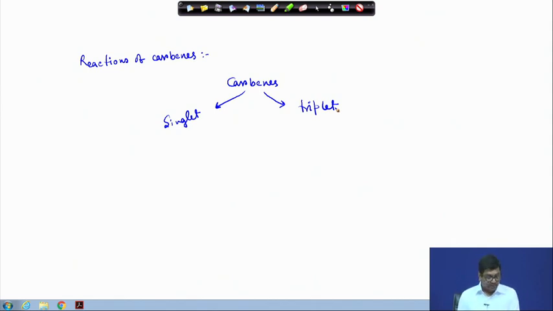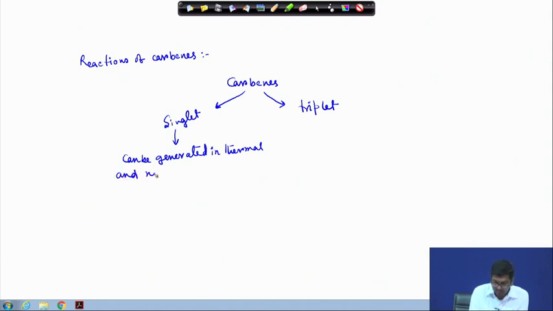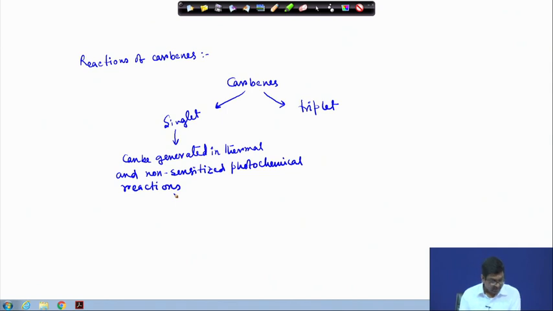Singlet carbenes can be generated in general in thermal and non-sensitized photochemical processes, whereas triplets can be generated by irradiation in the presence of a sensitizer.